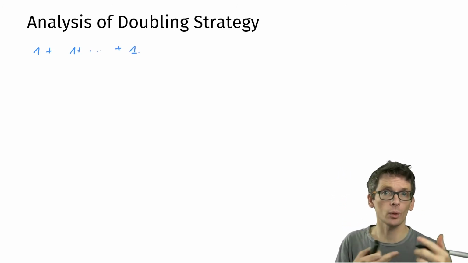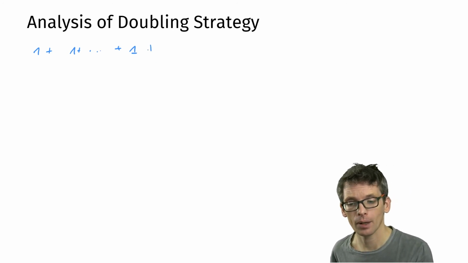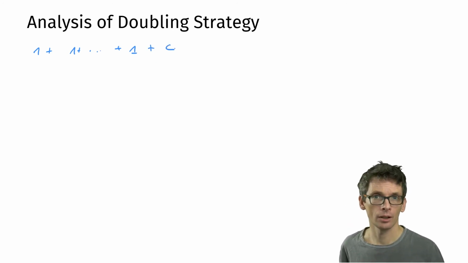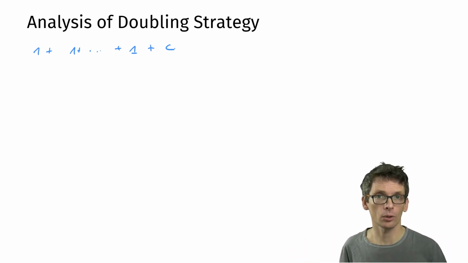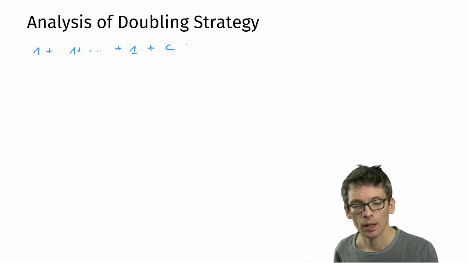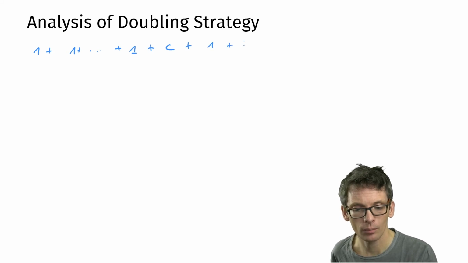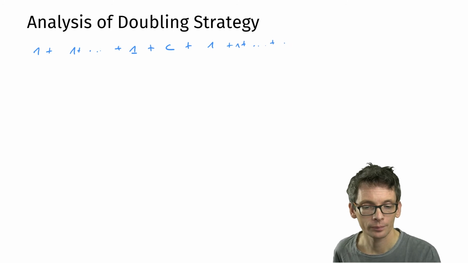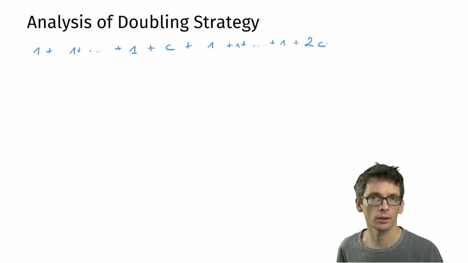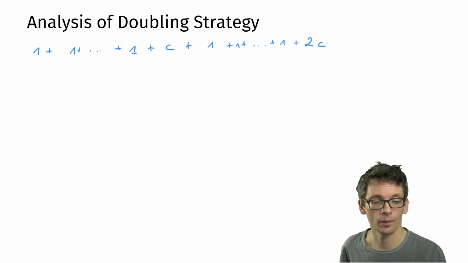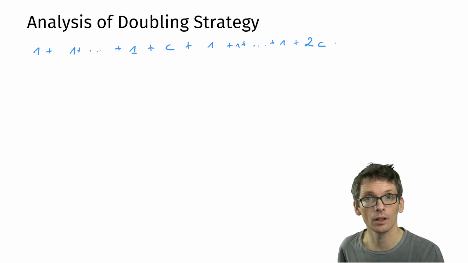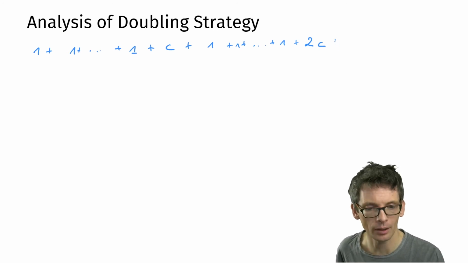And now we need to resize, and the cost of resizing and copying the data into the new array is of order c. Now we again get ones, 1 plus 1. And okay, at 2c, so far it's the same. At 2c we again need to resize, when we want to insert the 2c plus first element.